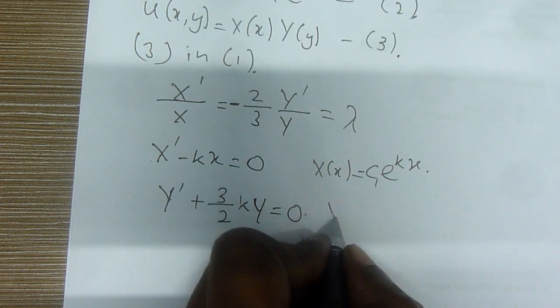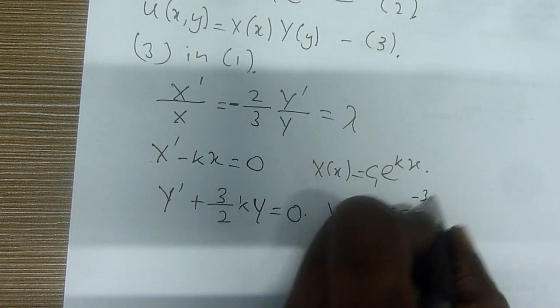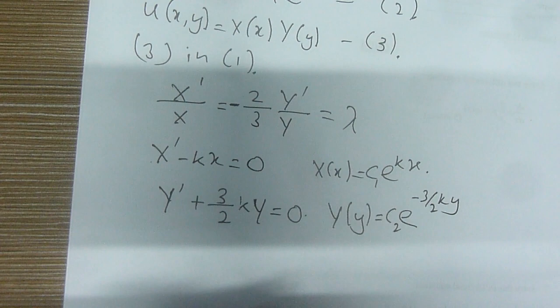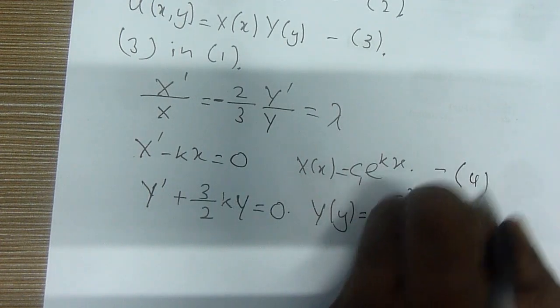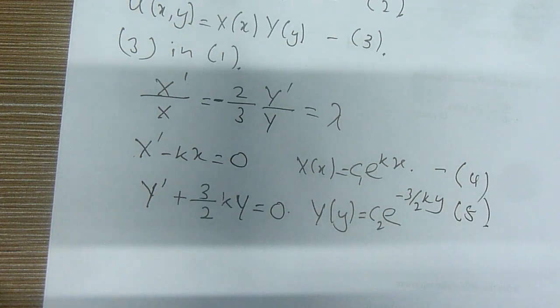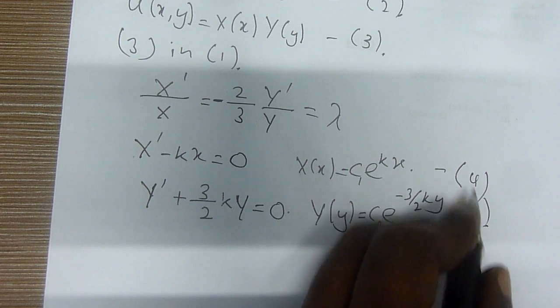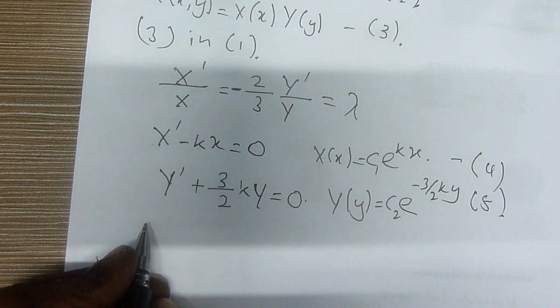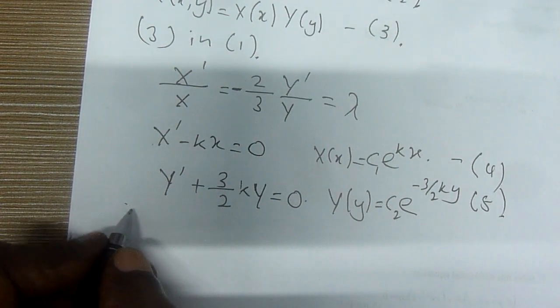This will give me Y = c2 e^(-3/2 ky). Therefore I call this 4, this is 5. Then the combination of 4 and 5, can I put it into 3? Yes, 4 and 5 in 3.